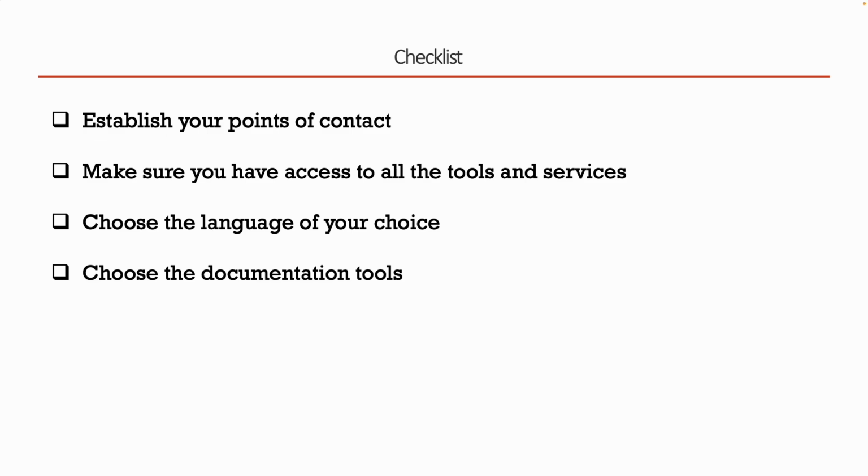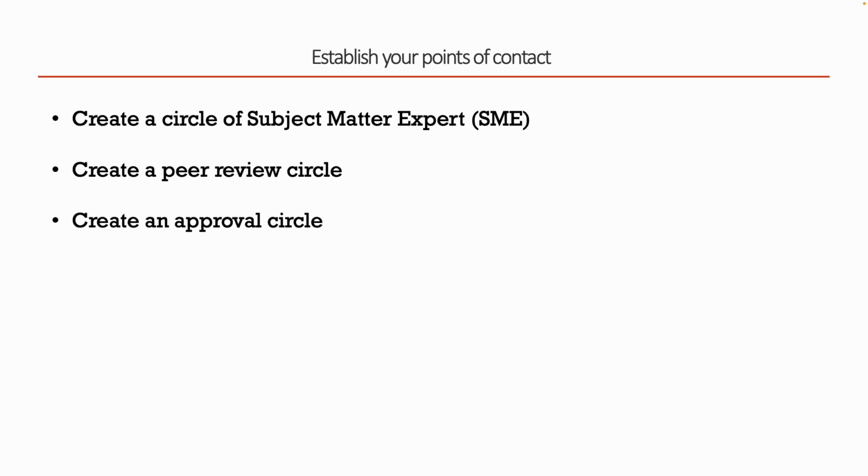So who should be your points of contact? First, you need to define subject matter experts. Subject matter experts are those who would help you throughout your documentation journey. They have in-depth knowledge of each of the endpoints, including the properties. They understand the quirks and inner workings of the API. Then you have your peer review circle.